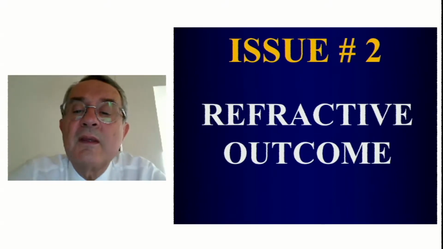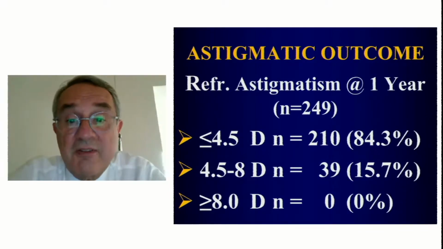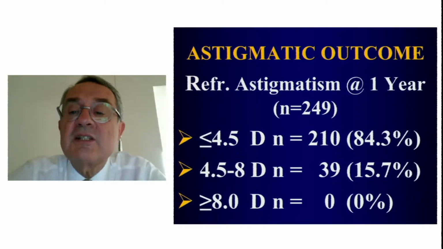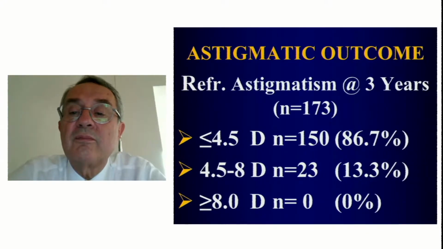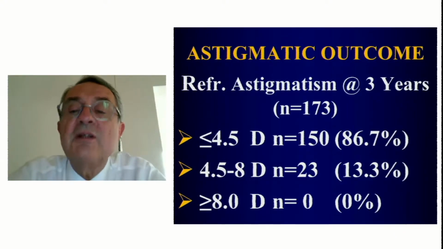Next. How is the refractive outcome? Well, at 1 year, as you can see, there may be astigmatism. This is refractive, up to 8 diopters in about 15% of cases. Next slide. At 3 years, it goes down to 13%. Most of the patients are within spectacle correction.